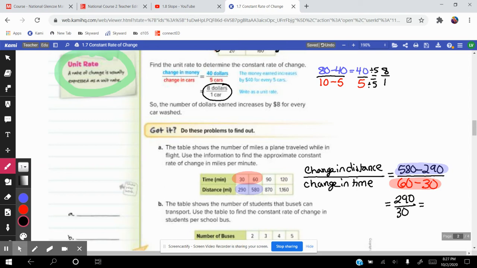I know I can take a 10 out of 29 and out of 30. So that leaves me with 29 divided by 3. When I take 29 divided by 3, that gives me 9.6 repeating, or approximately 10. So the approximate constant rate of change in miles per minute is about 10 miles per minute.